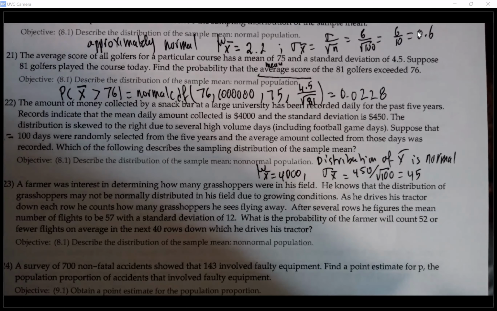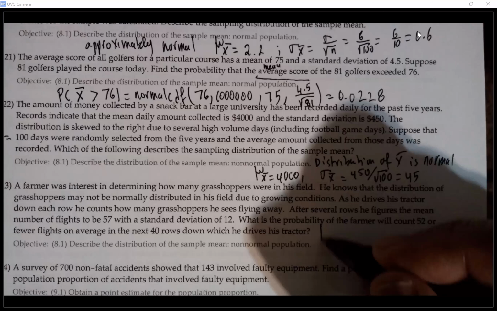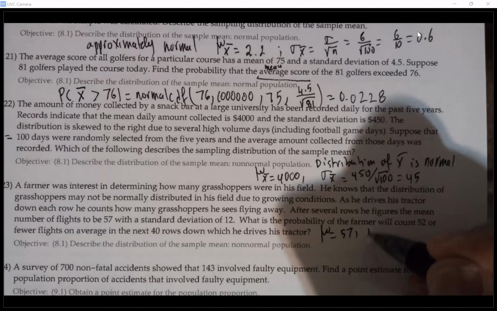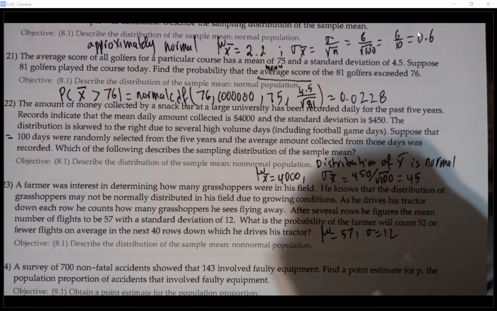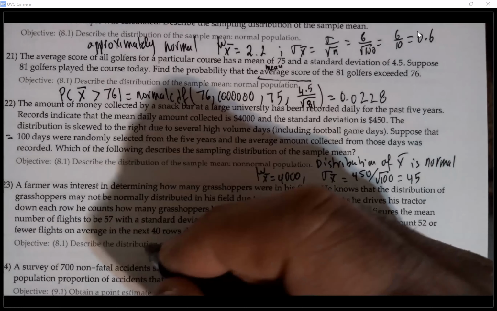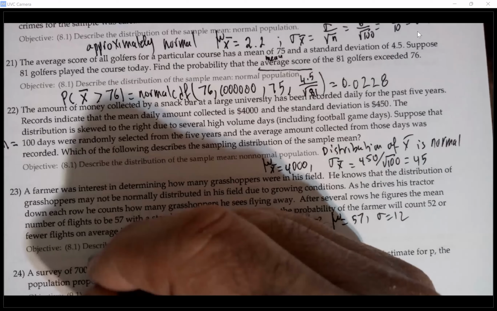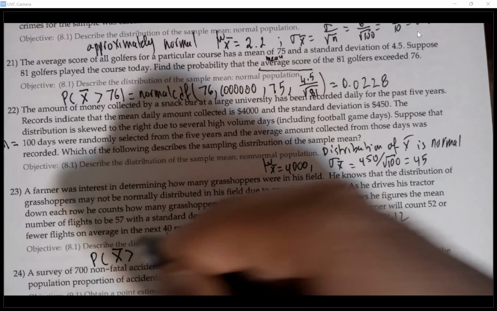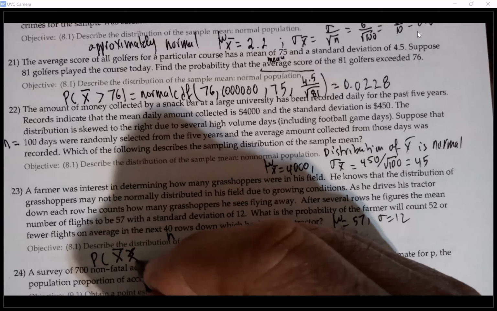After several rows, he figures that the mean is 57 and the standard deviation is 12. What's the probability the farmer will count 52 or fewer flights on average in the next 40 rows? So n is 40. So we want the probability. Once he says average, it's X bar. 52 or fewer means less than or equal to 52.